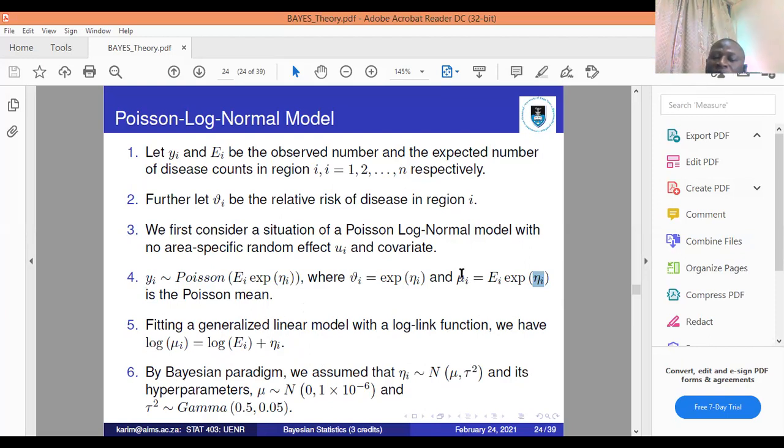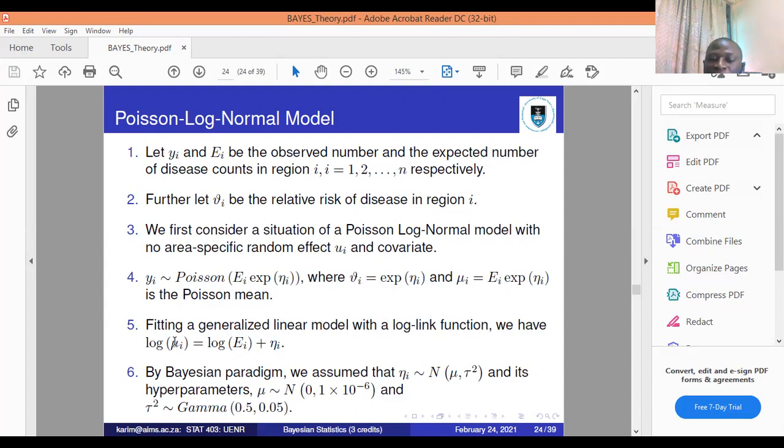We then take the log of this, and that is going to be the log of the rate of disease in region i, which equals the log of the expected number of cases in region i plus eta, because this is an exponent. Taking the natural log, this is log base e, or you just write ln.